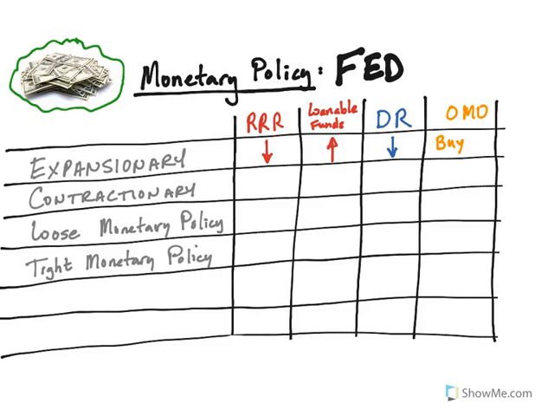When we look at our loanable funds, we're trying to decrease loanable funds, and we do that by increasing the required reserve rate. If you were trying to discourage people from getting loans, what would you do with the discount rate?